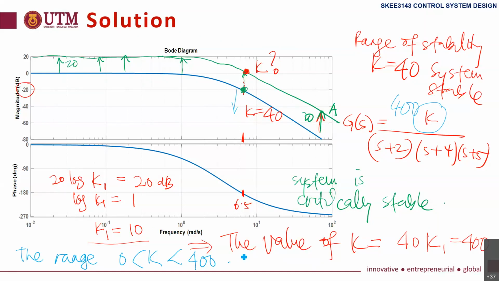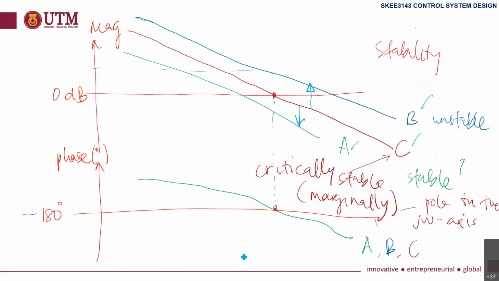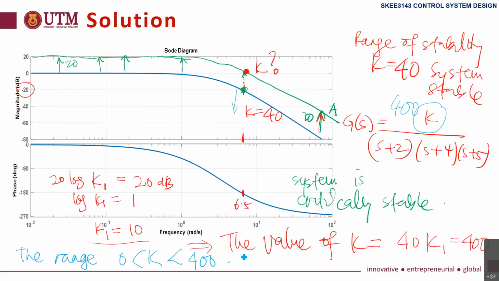If you use K401, at 180 degrees the magnitude will be positive, then the system will be unstable. Any question? We learned very important knowledge today about stability. You should know that. It will be asked in the exam.